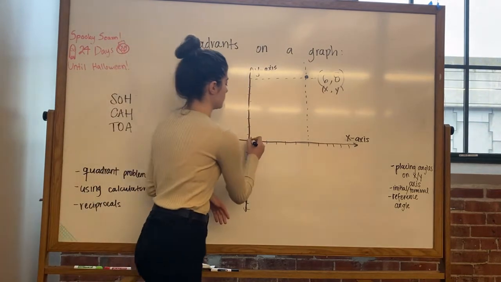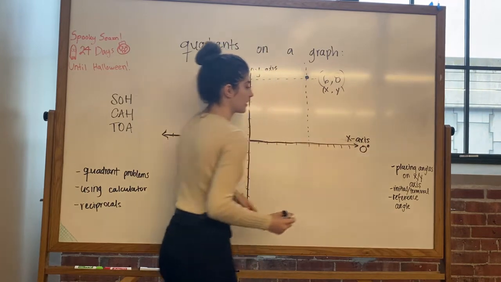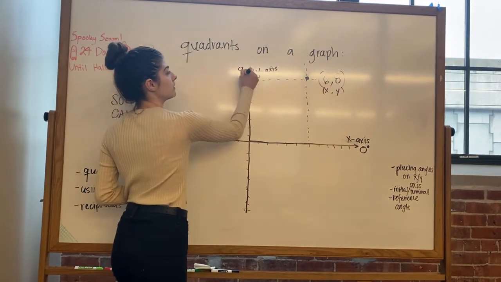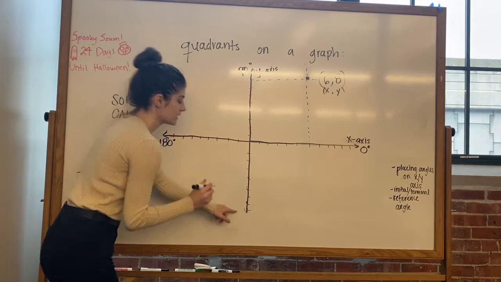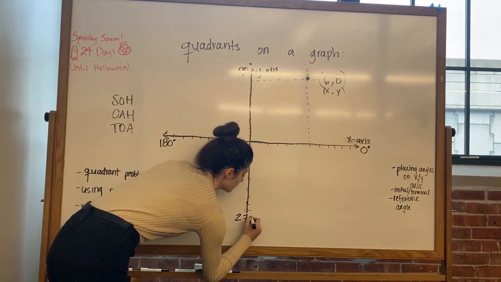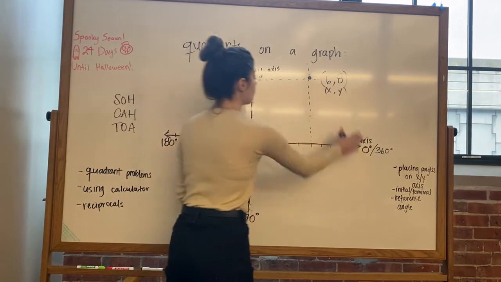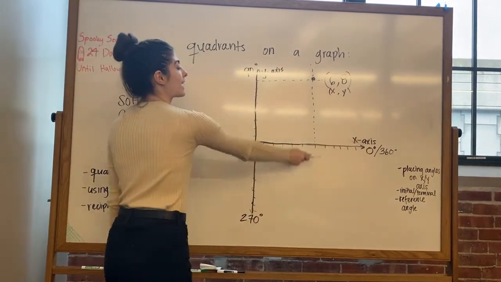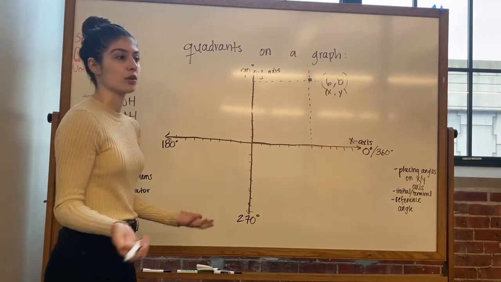Yesterday I told you that this right here is 0 degrees, this up here is 90, this right here is 180, and this down here is 270. And then coming back around, this is 360 again. So you go in a full circle. Again, notice we're going counterclockwise in the positive direction. And that's how you found your coterminal angles.